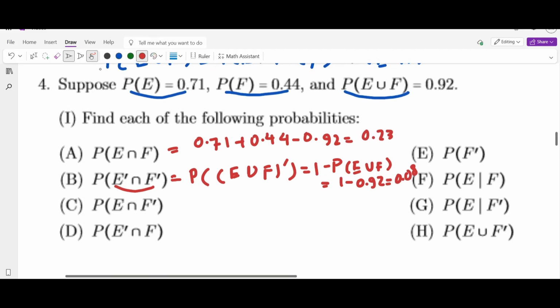Now, the next question is asking to find the probability of E intersect complement of F. So how do I do this?